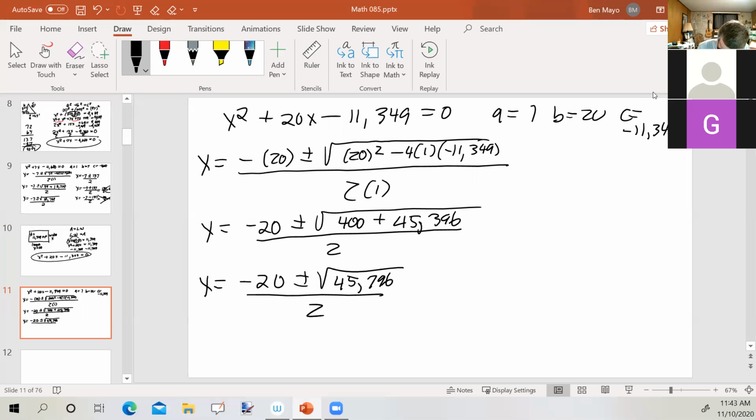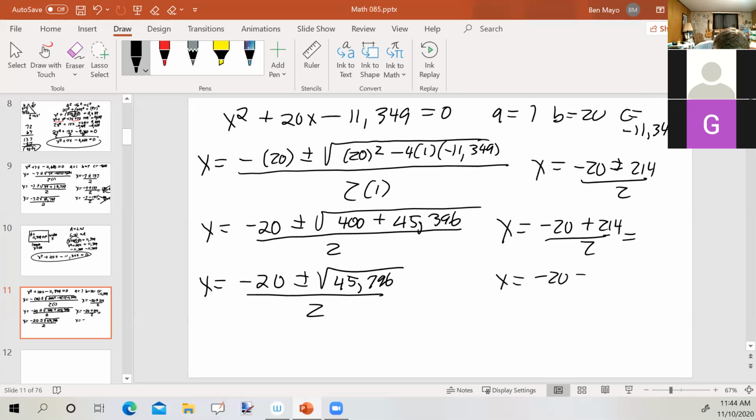X equals negative 20 plus or minus the square root of 45,796 all over 2. And let's see, that's X equals negative 20 plus or minus 214 all over 2. The square root of 45,796 is 214. So X equals negative 20 plus 214 over 2, or negative 20 minus 214 over 2.